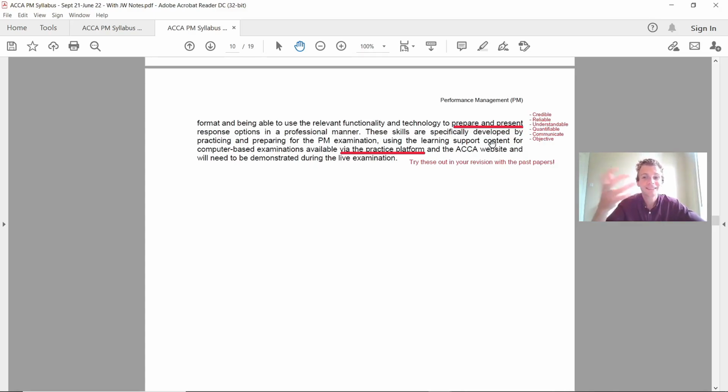Can I actually understand it effectively? Can we quantify it? How would I communicate that to internal and external stakeholders? And is it produced by someone who is objective, or is there some sort of bias in here? And again, you can link that to the ethical standards, which will get you marks in this exam, and saying, well, is the accounting profession being brought into disrepute from what is going on in this scenario?